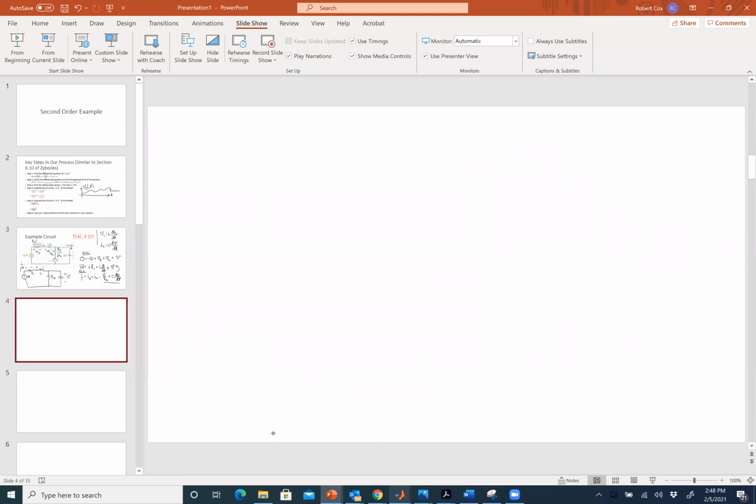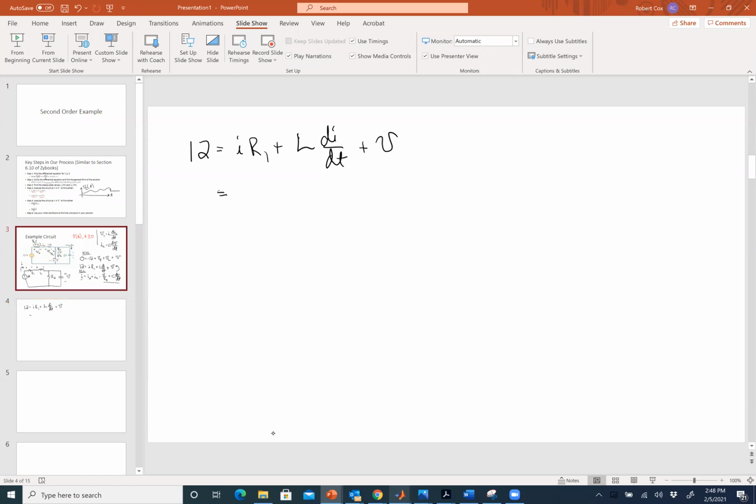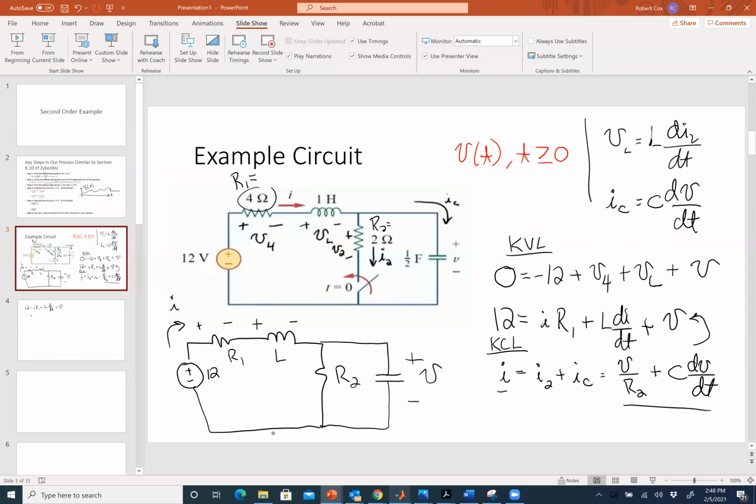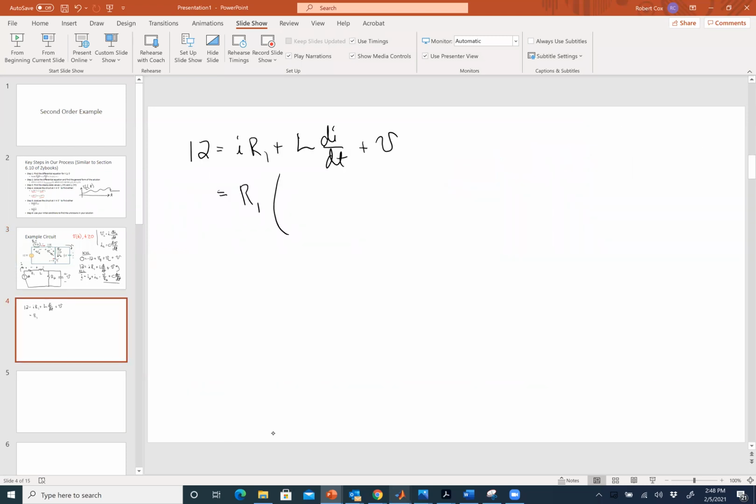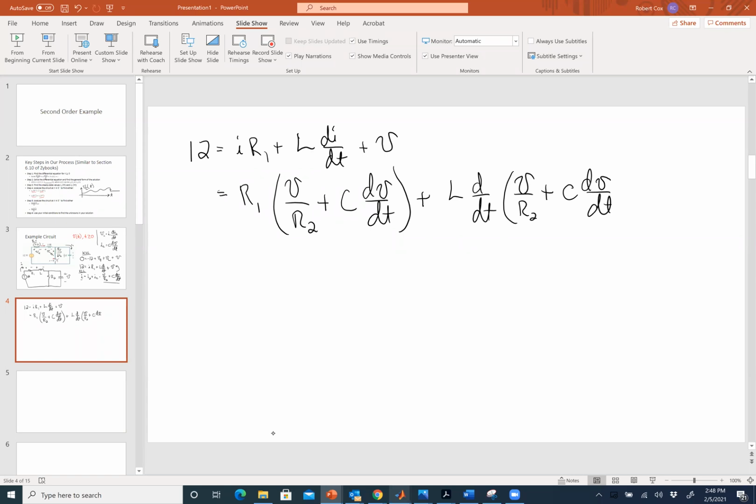So I'm going to have 12 equals I R1 plus L di by dt plus V. I'm going to put in there what I had on the previous slide for I. So I'm going to have R1 times V over R2 plus C dV dt, plus L d by dt of that same expression, V over R2 plus C dV dt, plus V.